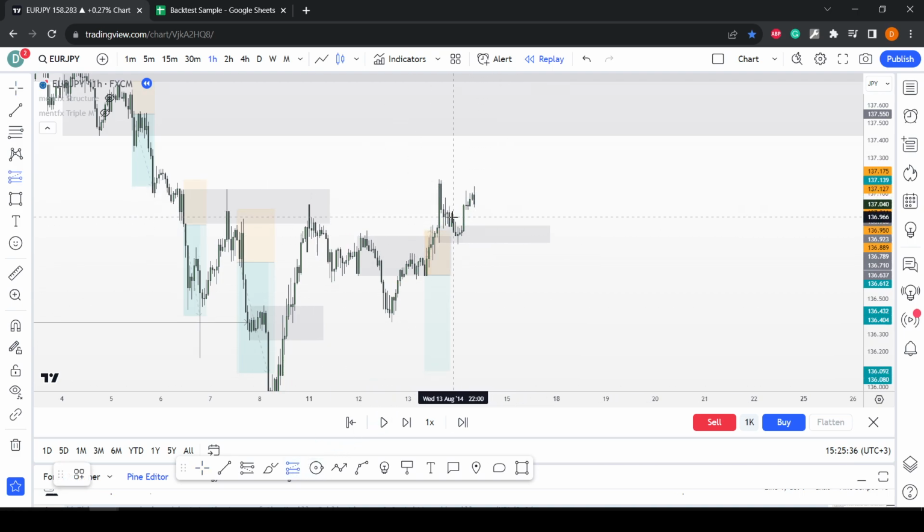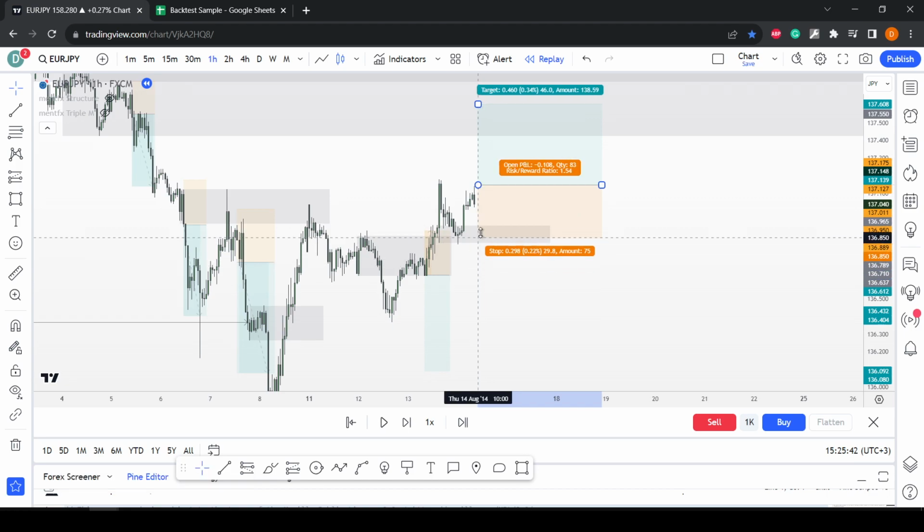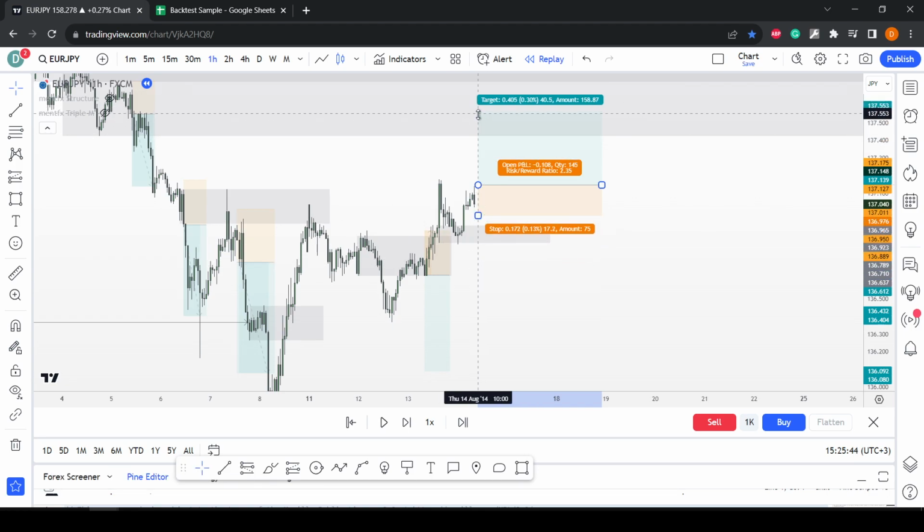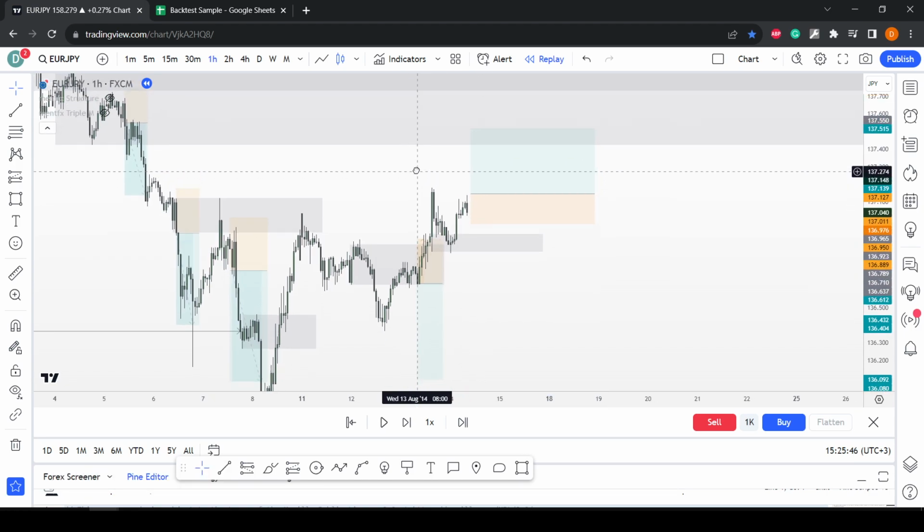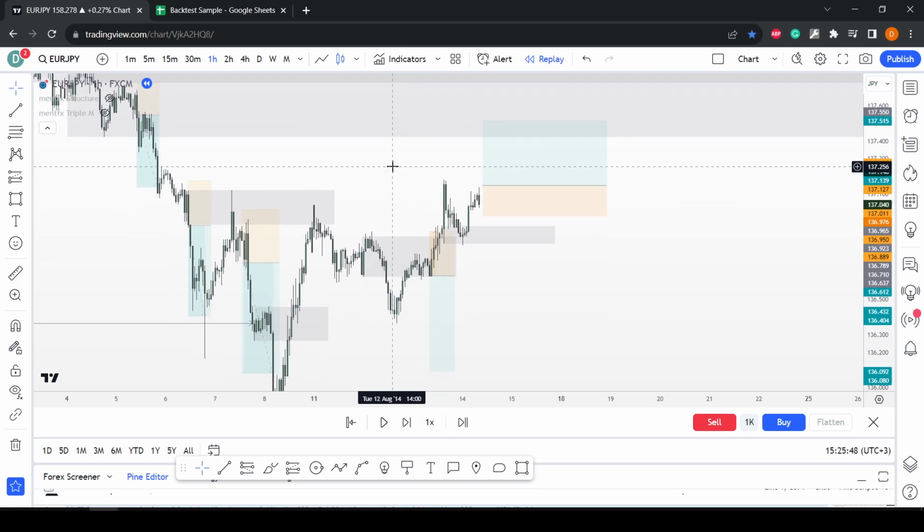So it would be great to see mitigation of this zone now, of this 2.0. But if we will have a break-in point here, then we can go and mitigate this zone. Again, I'm not entering from the standpoint that we need to go higher and we need to mitigate the zone.